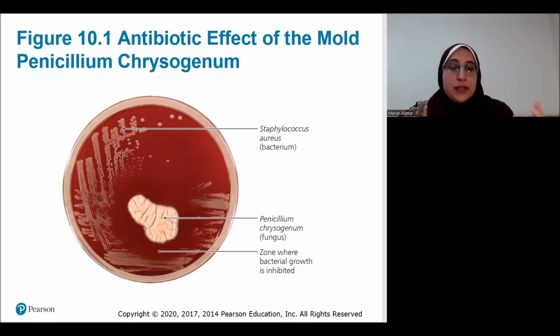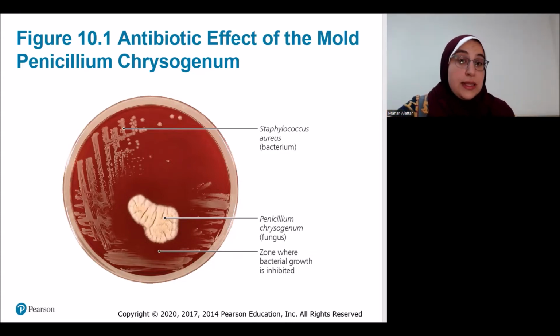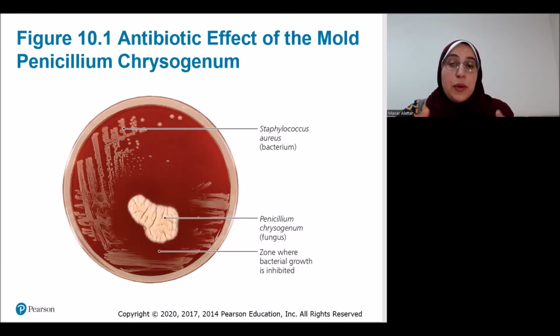And then as human beings, we take advantage of that production of chemicals and isolate those chemicals. So we can either use them in their natural form, just as they are produced by a fungus or a bacteria or another microorganism, or we can have semi-synthetic versions of those where we collect an antibiotic and modify it slightly so it's more effective.